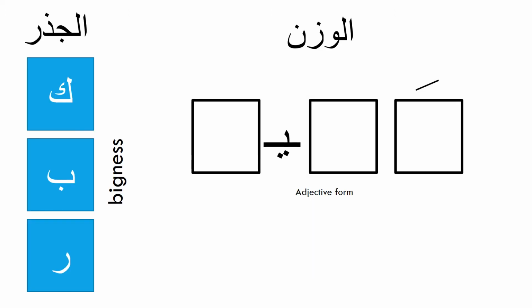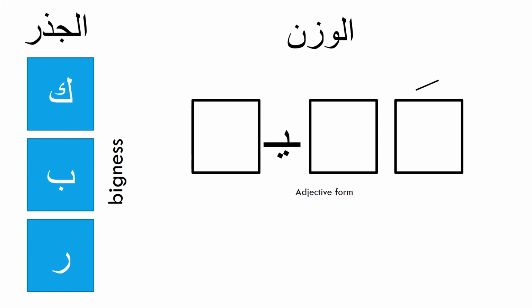So you can visualize al-jadr, as I said, as being disconnected letters, right? They're not connected to one another, they don't make a word, they're just three letters. And you can think of the wazn as a template, a place where you can slot those letters into. So here, on the left, we have our jadr, our root, which is ka, ba, ra, which I like to think of as bigness.